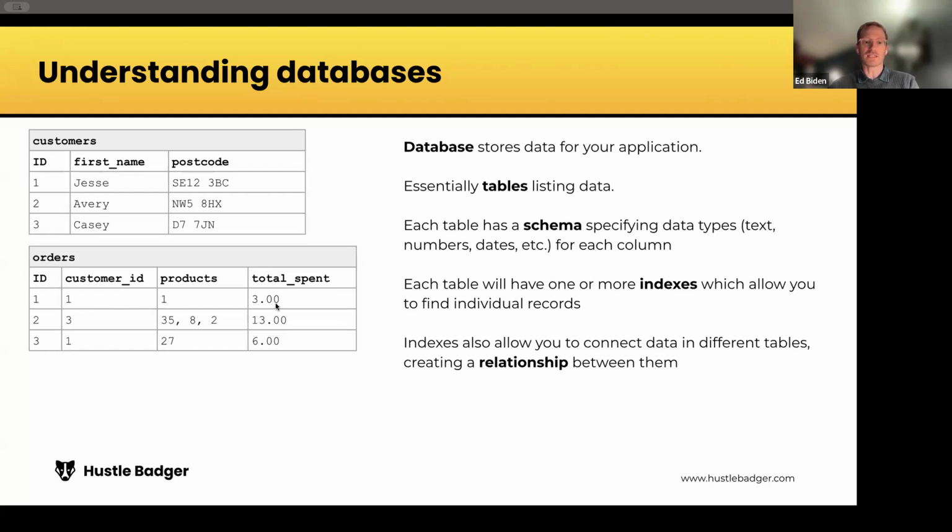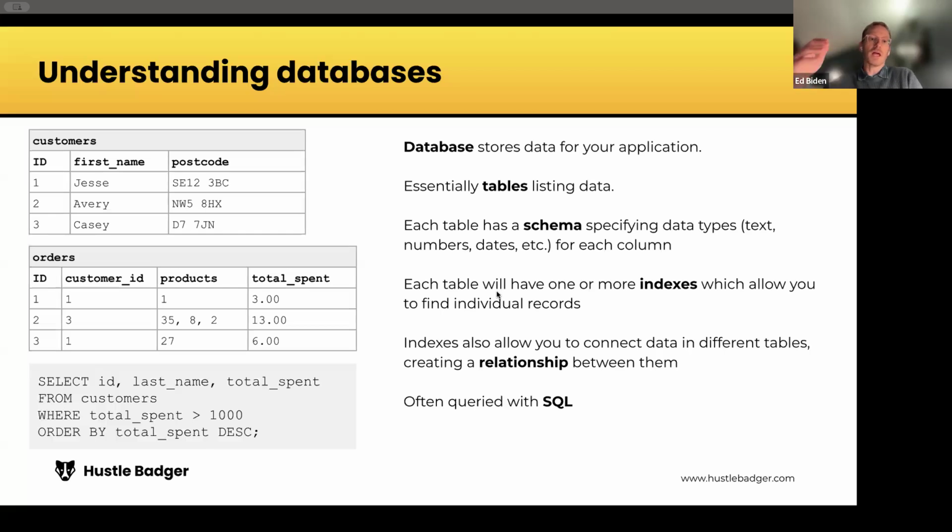We know the person who made this first order is Jesse, and we know where they live and who that was and so on. That's obviously quite valuable. You obviously have to split up the data. You only need to know Jess's name once, and if they make 10 orders, you don't need 10 records each with their address in. You can just store that once and say it's the same person making that order.